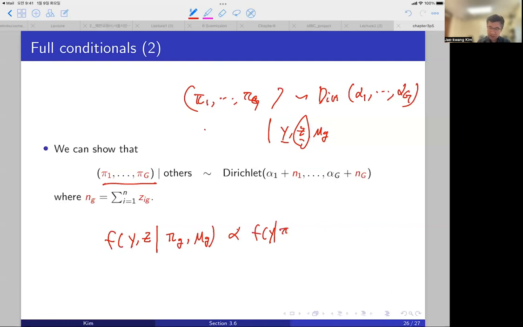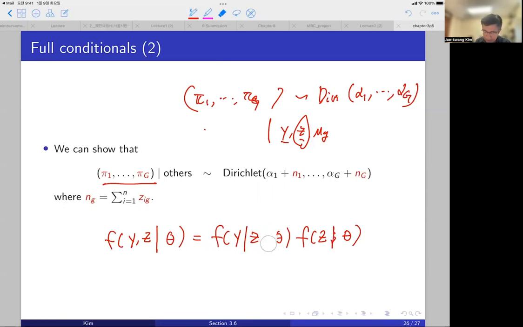Oh, sorry. Okay, let me do it more closely. So this one, I mean the parameter. You have something like this, right? I mean, you have basically the specification. So this is the actual condition.